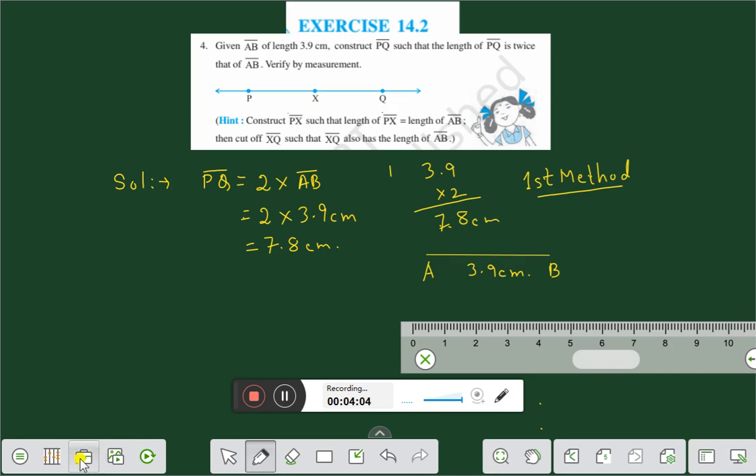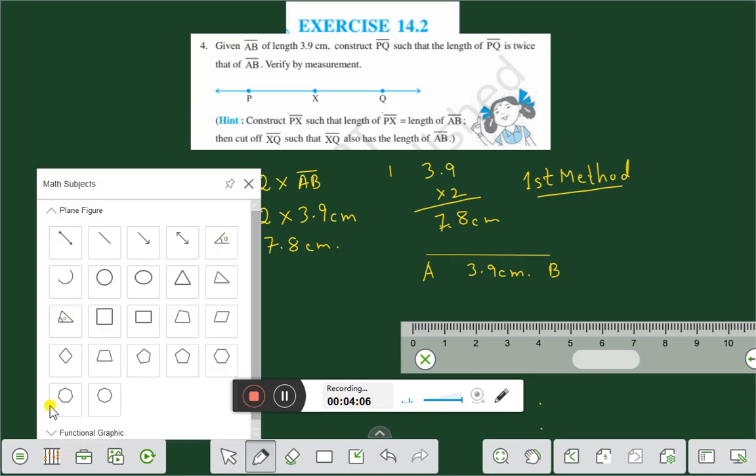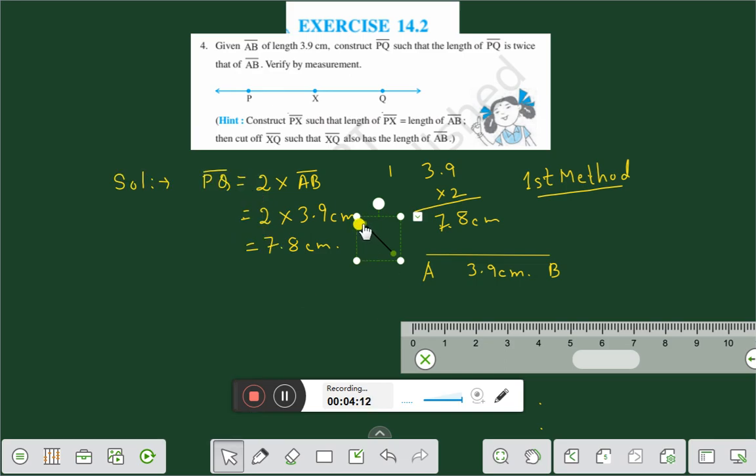Let us take another line, and that will be equal to PQ. Let us take another point. Here we are taking it to 0 point. This is 0. Another point is 7.8 centimeter. Where is 7.8?